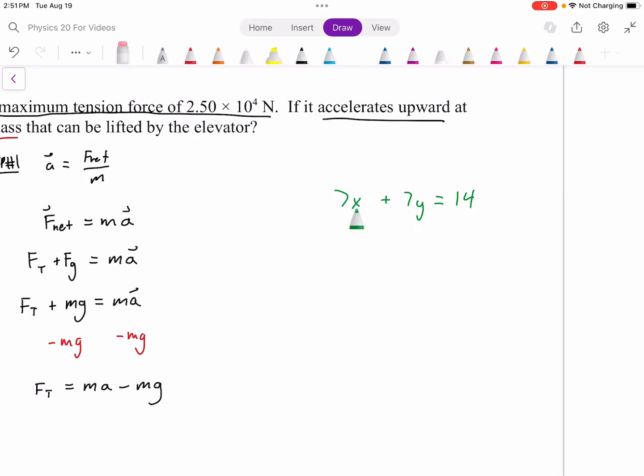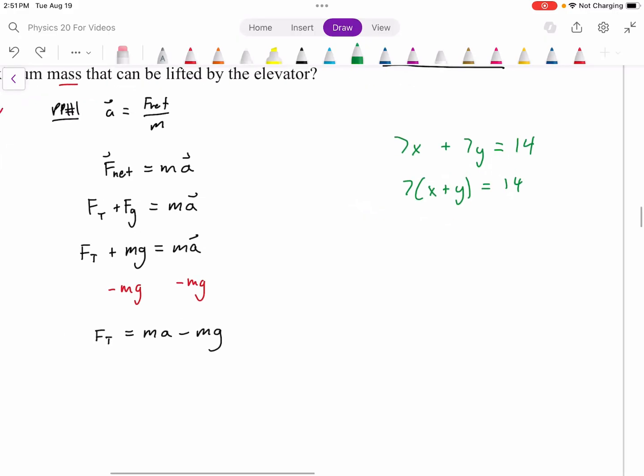We have 7x's plus 7y's. We can pull out the 7 as a common factor, which means divide 7x by 7, divide 7y by 7, and then multiply by 7 outside. And we can see that that's okay because if I multiply it back in, I'm back to where I started. So it's the same idea here.